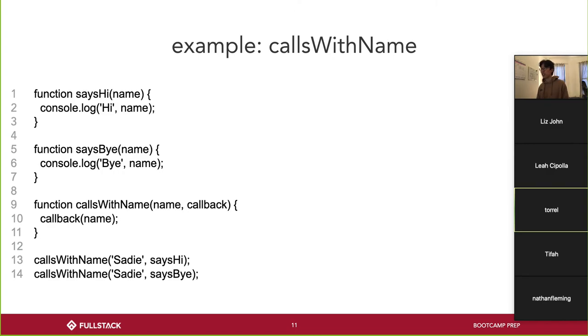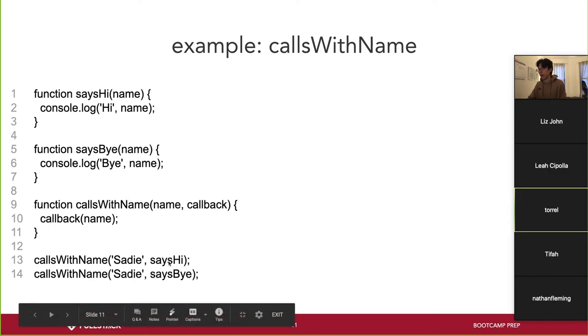It's pretty cool because callback allows the calls with name function to be so dynamic, because it could take in any function. And so now, as we can see, it's so flexible. I pass in says hi, it says hi Sadie. If I say says bye, it says bye Sadie. And I don't have to rewrite the code. It's not hard coded.